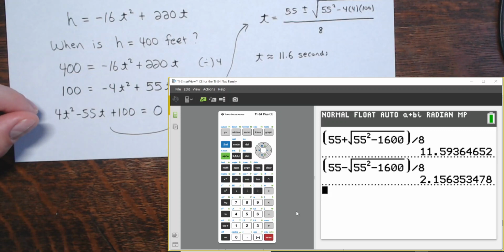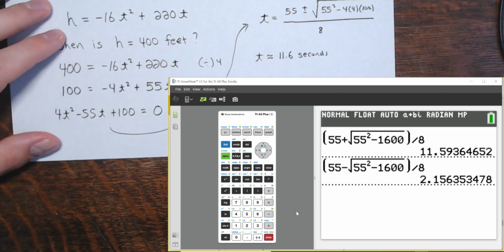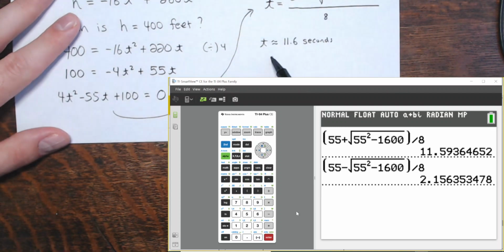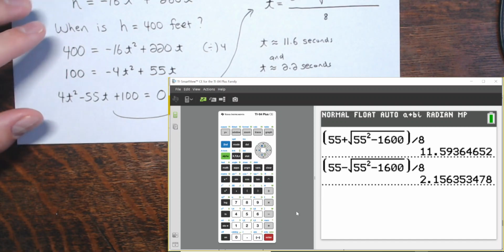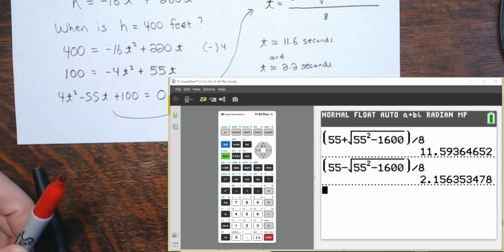And that's also positive. So there are two solutions here: 11.6 seconds and 2.2 seconds. So one's coming up and one's coming down. All right, let me show you.